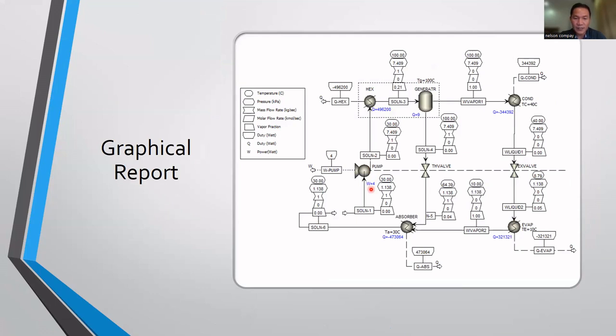The most important ones are the heat added on the generator and the heat load on the evaporator, which we are going to use to evaluate the system coefficient of performance, or COP. Another important point to notice is the work of the pump, which is very low. That's why it's considerably negligible in the COP evaluation.